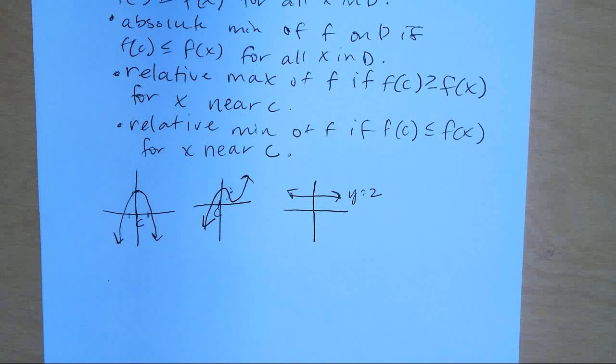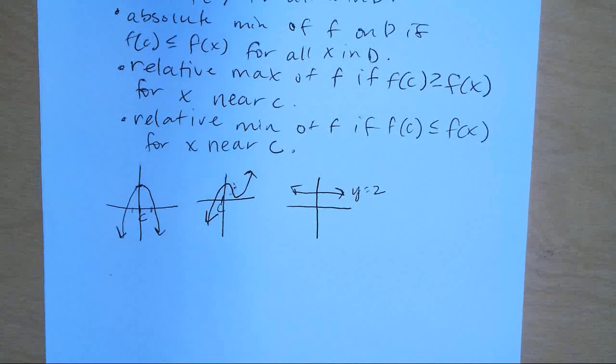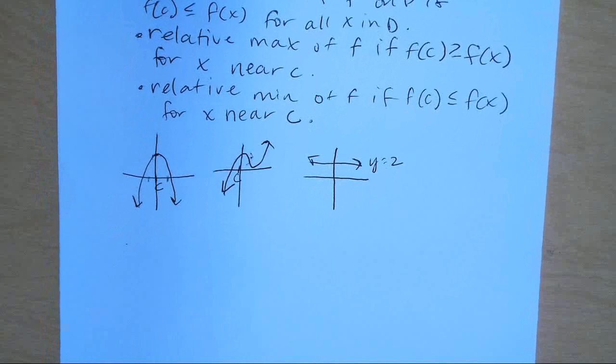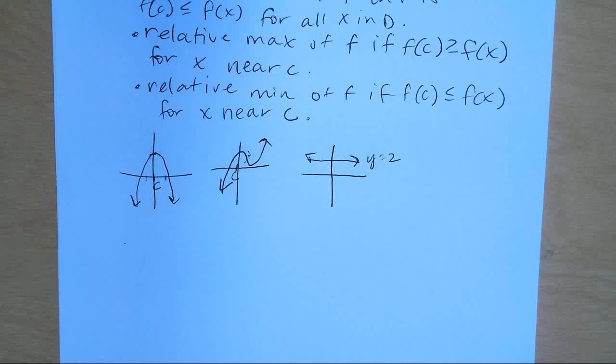Okay, back up, rewind. The highest y value is 2, right? Does it have a highest one? Yes. By default, but yes. It is an absolute and a relative max. So we are kind of getting the idea between absolute and relative, right?